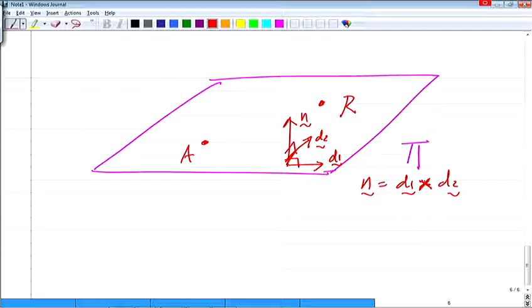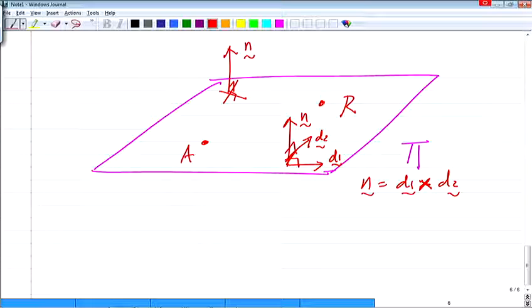So n is the cross product of D1 and D2. That's how we actually get the normal. If the question gives it to you, then that's good. If the question has no normal, I will take the cross product of the two direction vectors. So this is the normal n. Let me just put it here, just to let you see. The normal is always perpendicular to the plane.